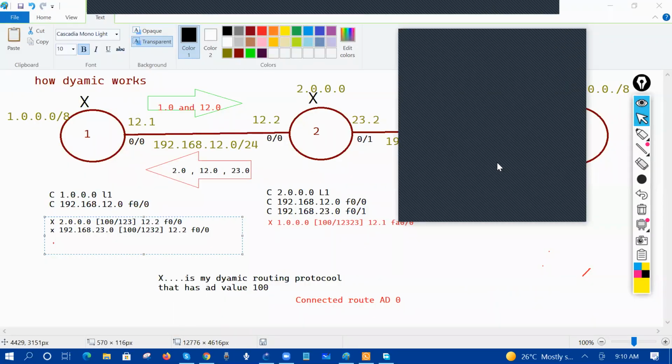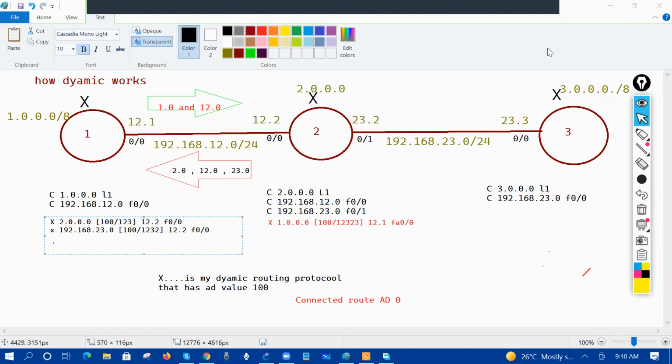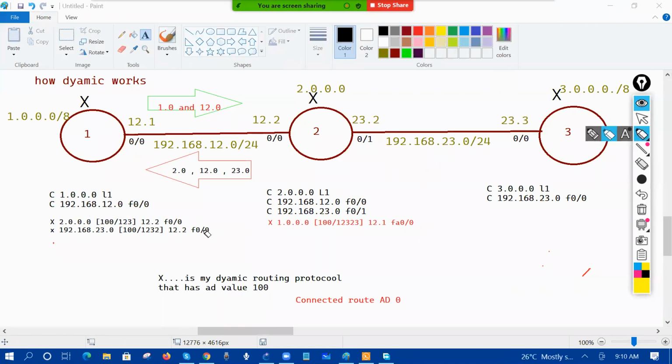So both the exit interface and next hop will be added. Exactly, both pieces of information will be added in the dynamic routing protocol case, if I talk about EIGRP, RIP and OSPF, not the BGP one. This is this interface, and this is 12.2.